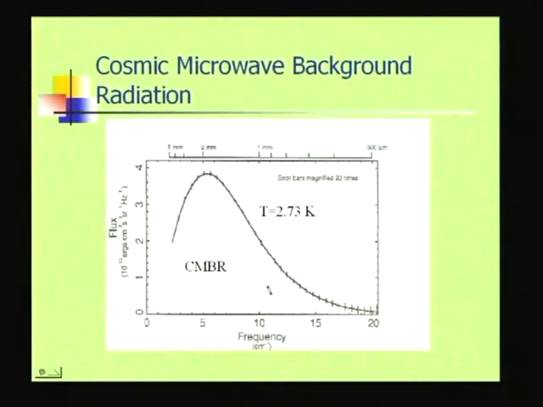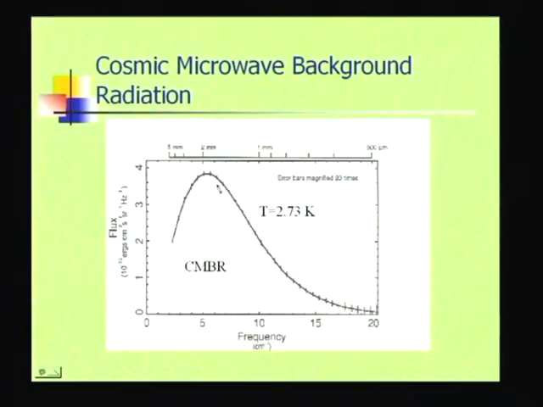But the fact is that there is a radiation coming to us from all directions. This radiation has been found to have a Planckian black body spectrum, corresponding to a temperature of 2.73 Kelvin.